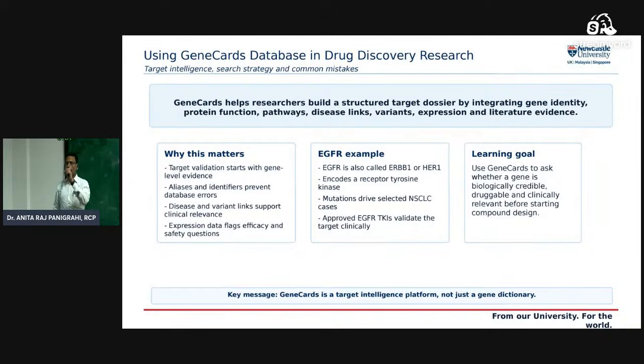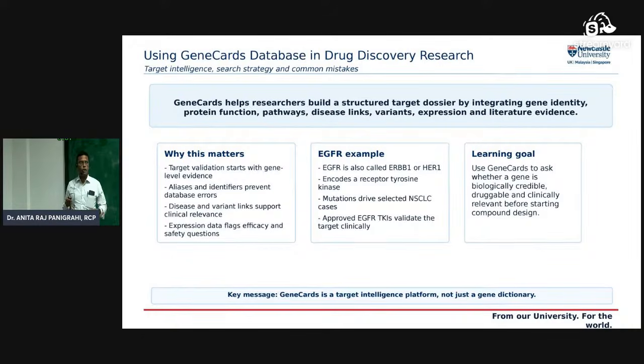That means a particular gene will be called by different names in different databases. If we use only one name, we may miss some of the literature. So we always need to know the aliases and identifiers, what disease the target is implicated in, and the different variants of that gene, which are called mutants. Then, expression data flags efficacy and safety questions.